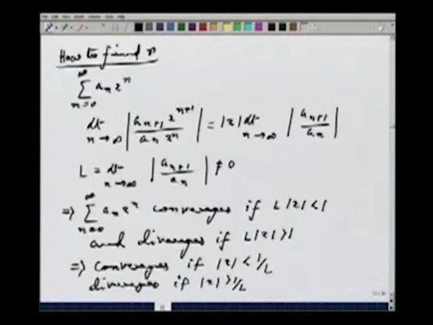So let us again look back. If you have a power series where all the a n's are non-zero, look at limit n going to infinity modulus of a n plus 1 by a n. If that limit is non-zero, then 1 by that limit is the radius of convergence. The problem happens if some of these a n's are 0 and this limit does not exist. Those are complicated power series for which these tests will fail, but there is an analog of this result which I have done here using the root test.